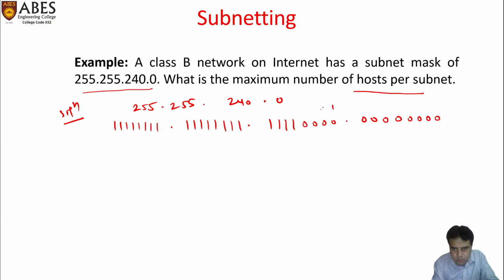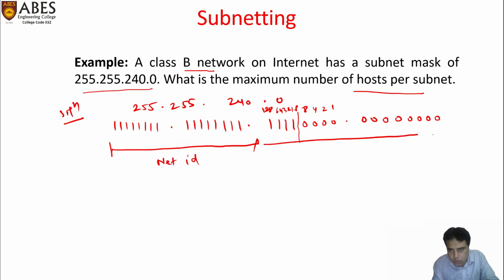1, 2, 4, 8, 16, 32, 64, 128, total is 240. Now, to create the subnet, this is a class B network. Class B network means the first two octets are used for network ID.